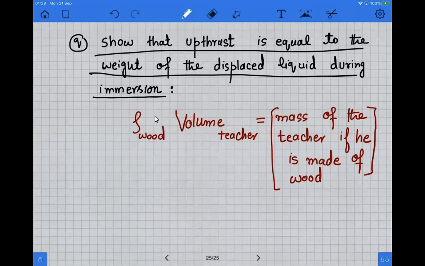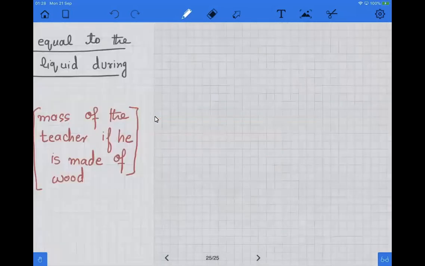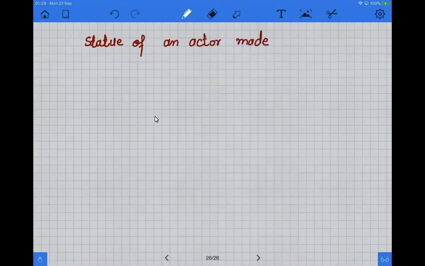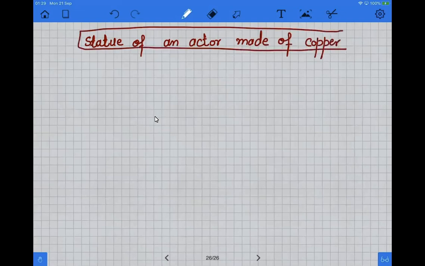If it is made of a different material, for example, we want to make a statue of some actor made of copper, and we have to make this statue stand on a weaker platform, on a weaker supporting material, which can be broken.